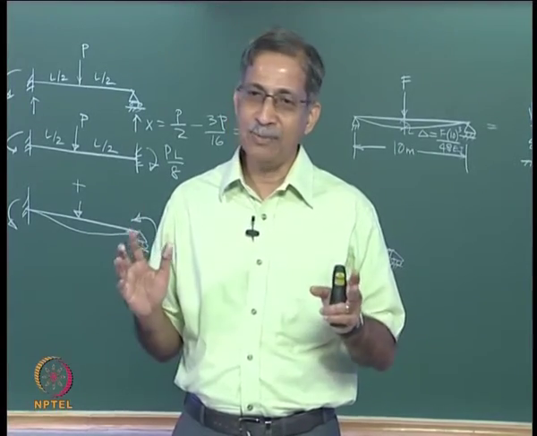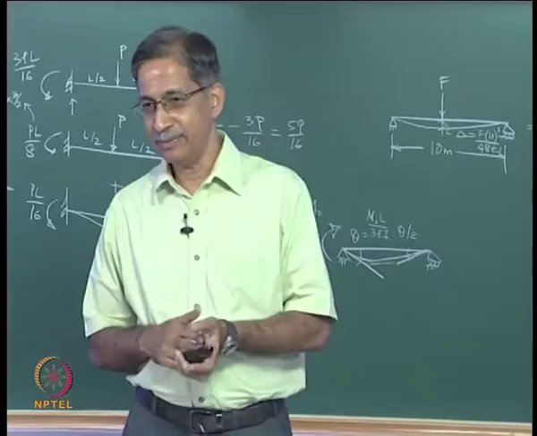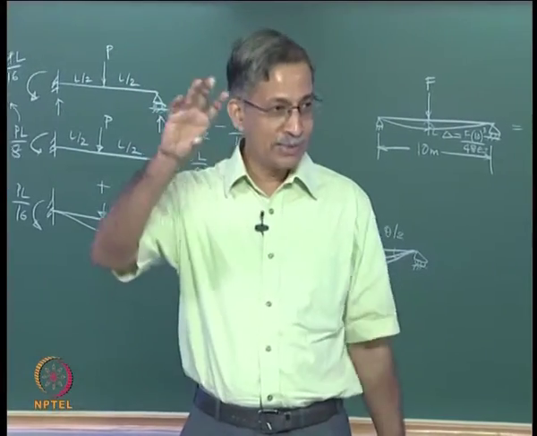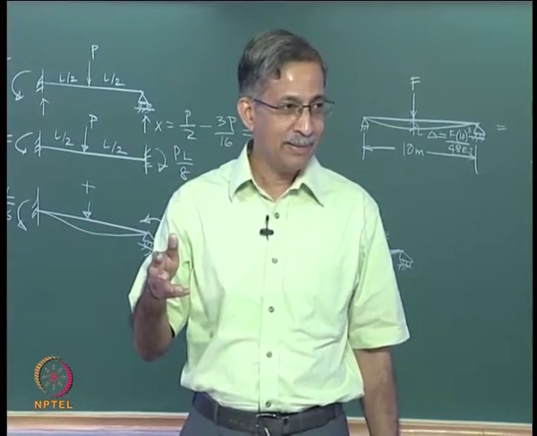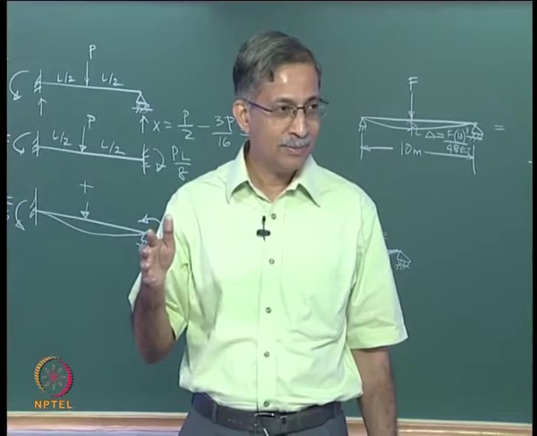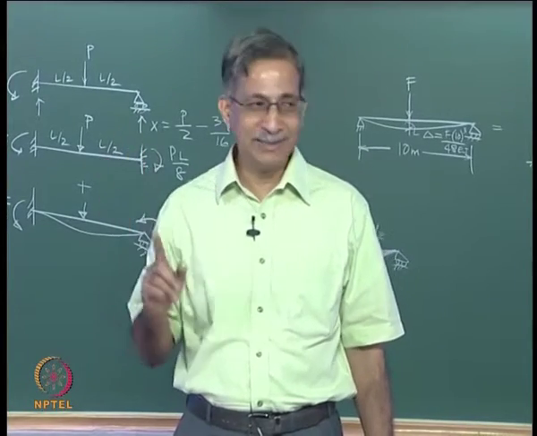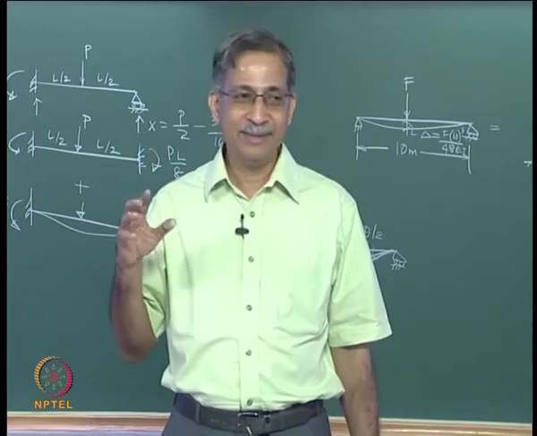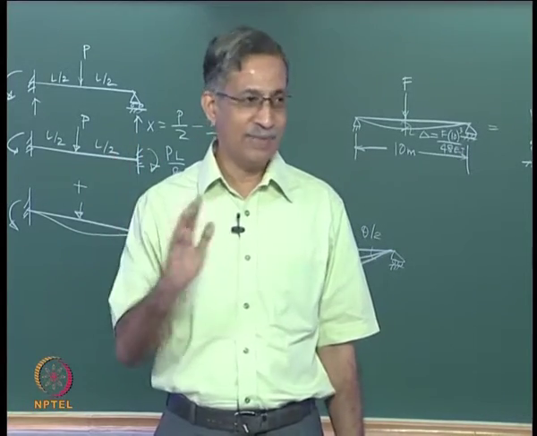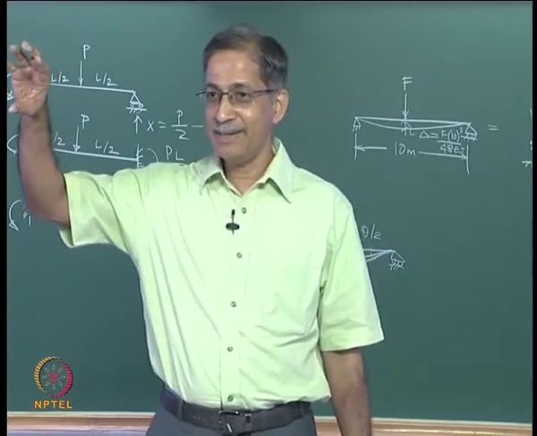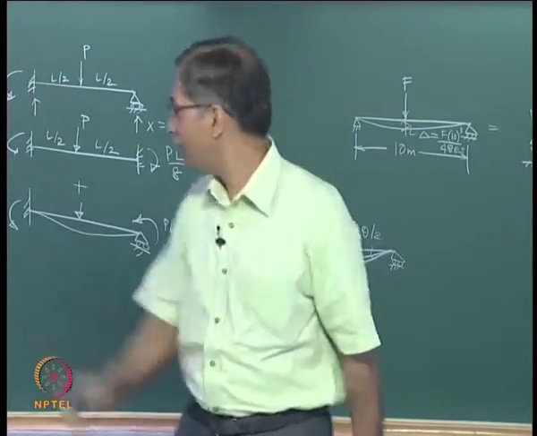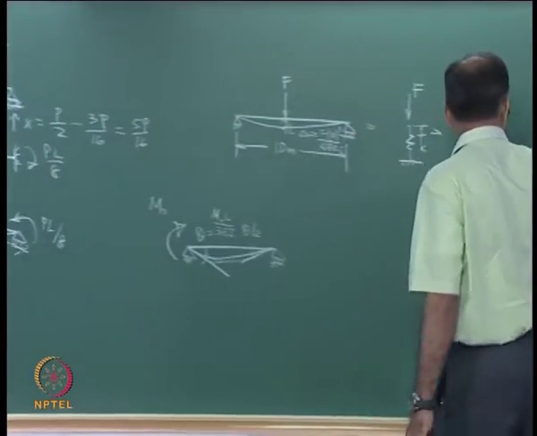So delta will be delta naught plus what? Rigid body rotation. So how much will that be? Theta into H. You must think like that. If theta is not there, you have delta naught. If that spring is finite, you have a rotation here. It is a rigid body rotation.